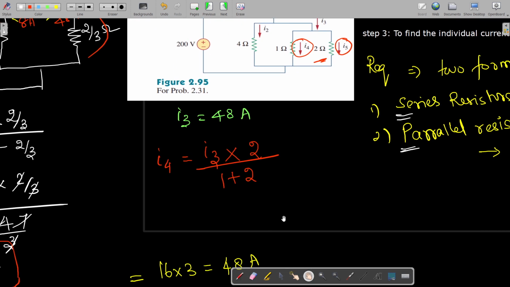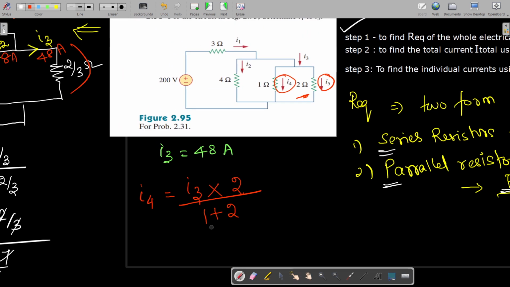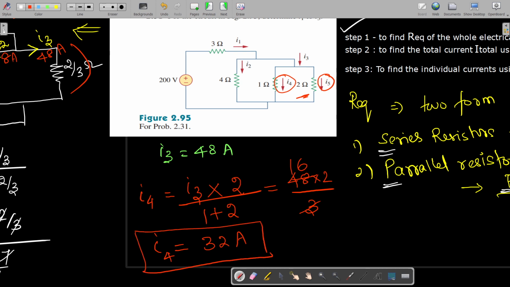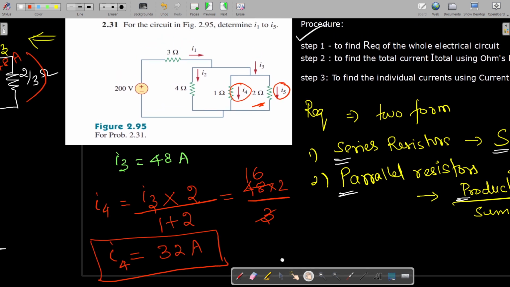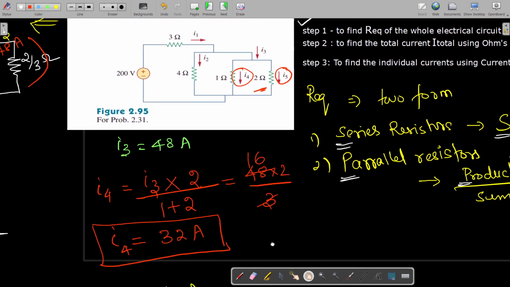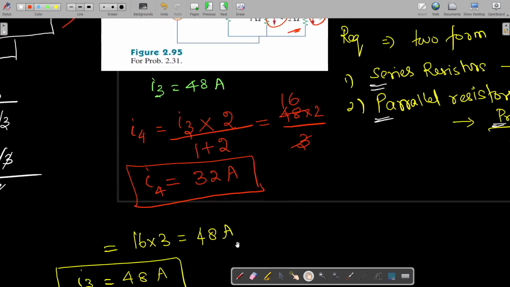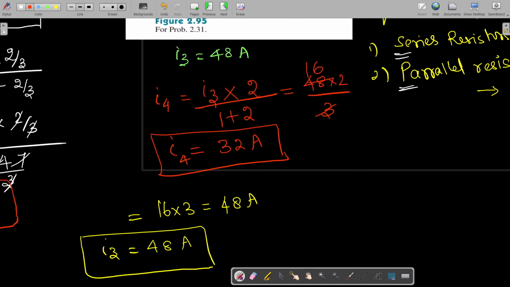Okay, so what is it? It is 48 into 2 divided by 3. So if you divide this, it is 32 amps. So I4 is 32 amps. This is another answer we got. This I3 is 48 and the I4 is 32. So what is I5?